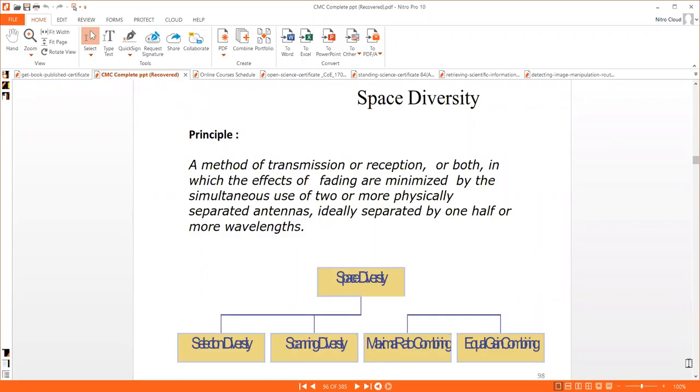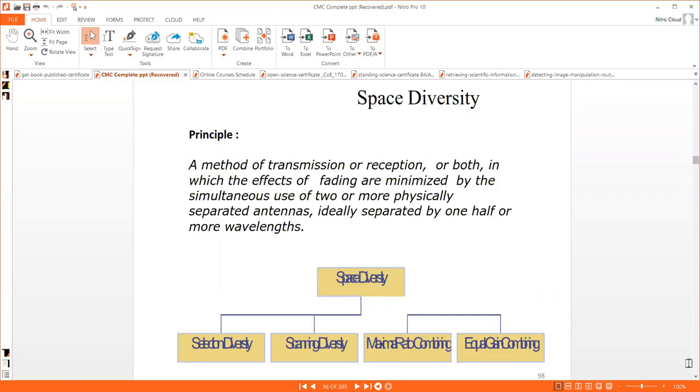It may be transmission or reception or both, a transceiver sometimes, and it is going to minimize the fading effects by using physically separated antennas.